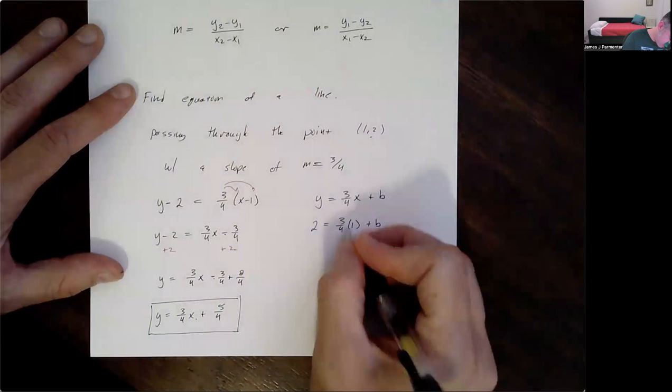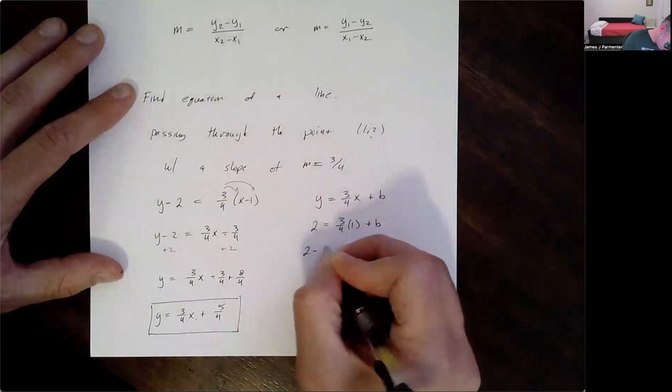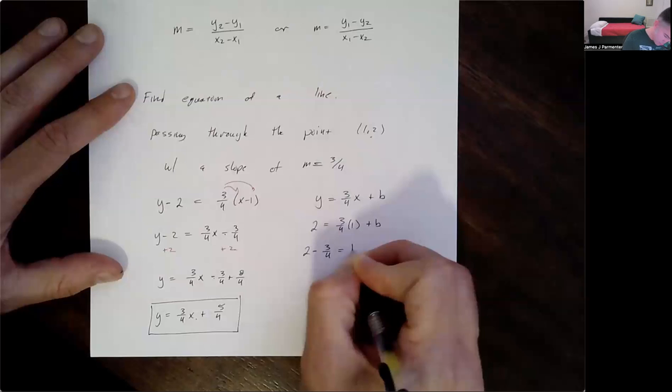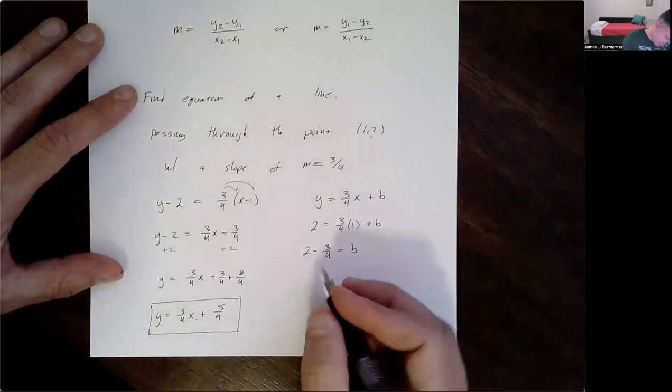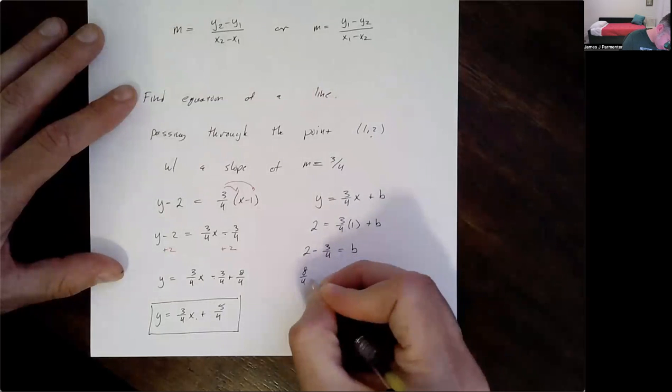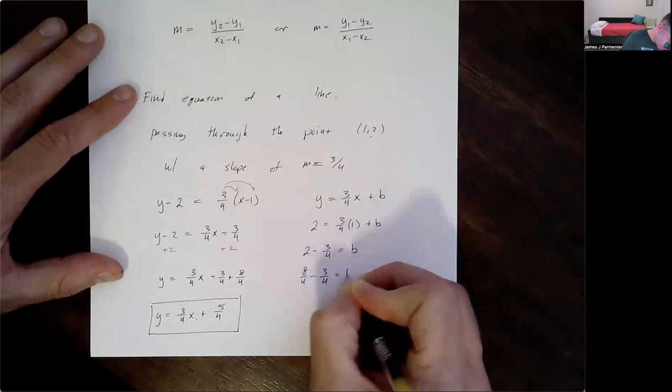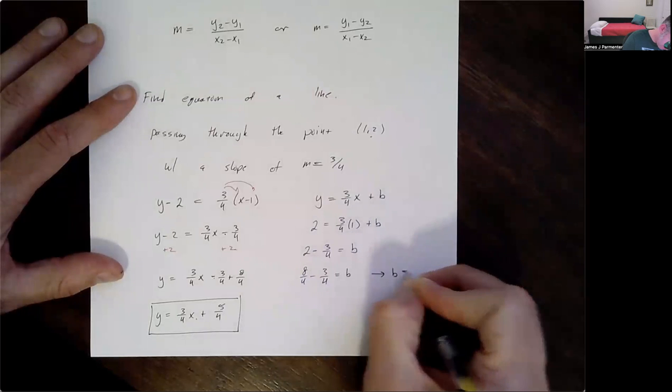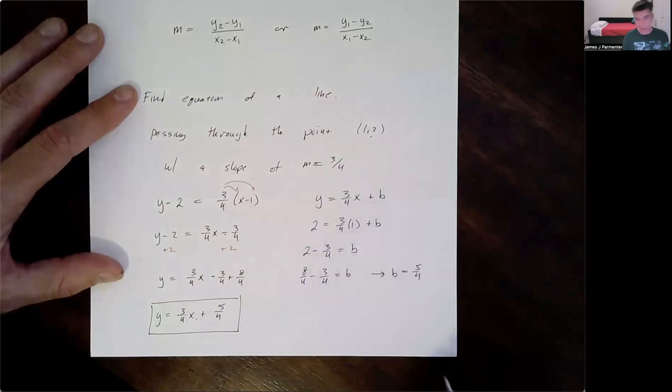So 2 minus 3/4 equals b, but 2 is really 8/4, and 8/4 minus 3/4 equal to b means that b is equal to 5/4. Same thing we got over here.